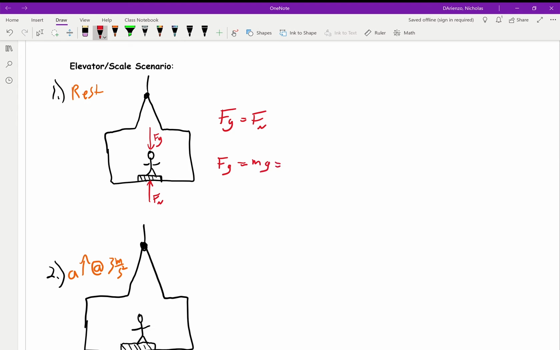Let's call that person 10 kilograms, and the acceleration due to gravity is 9.81 meters per second squared. So the weight of this person at rest would be 98.1 newtons, which makes our normal force, since this is equal, also 98.1 newtons.